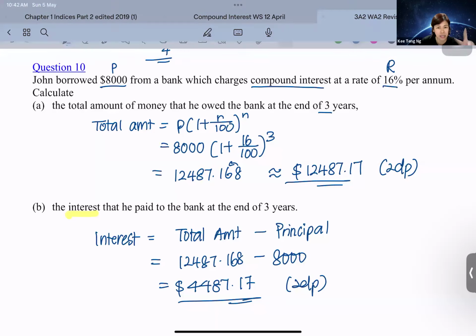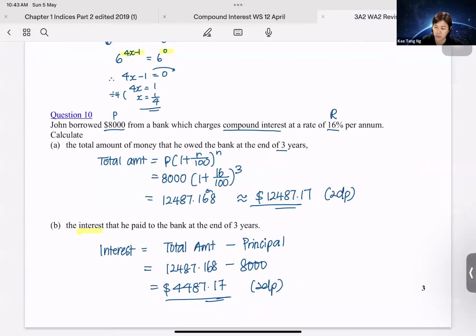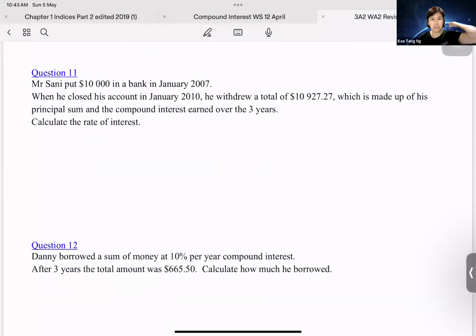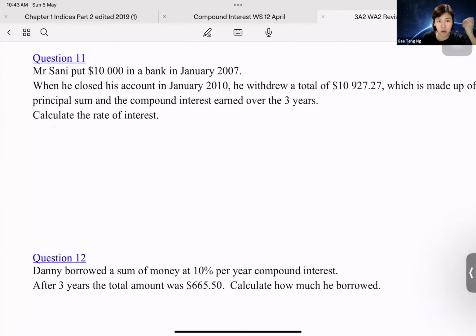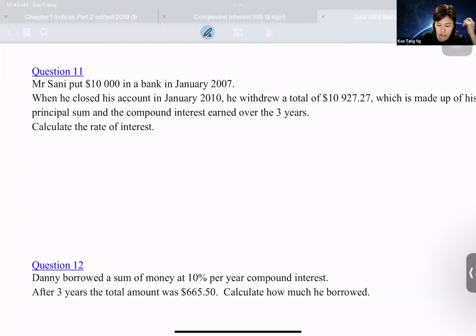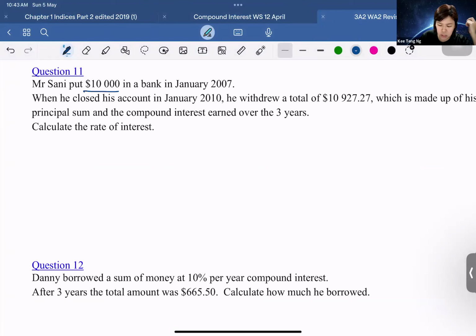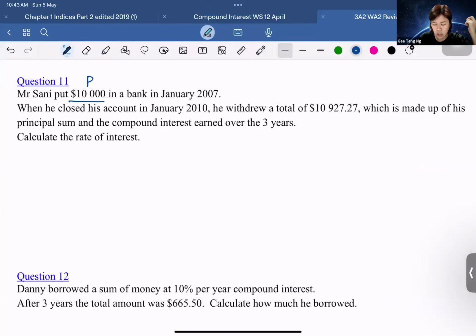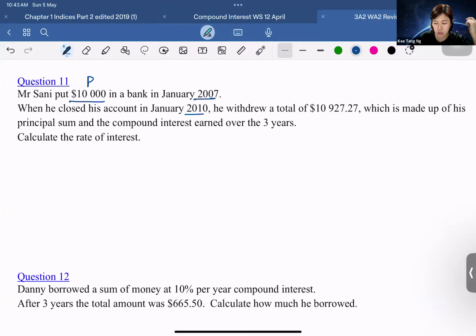Next question, last 2. Right? Next question over here is slightly a little bit of word problem where you need to reverse and do certain working. Okay, so we need to find out some of the unknowns using the compound interest formula. Given that Mr. Sunny put this amount, this is your P, when he closes the account, from here to here, 2007 to 2010 is actually 3 years.